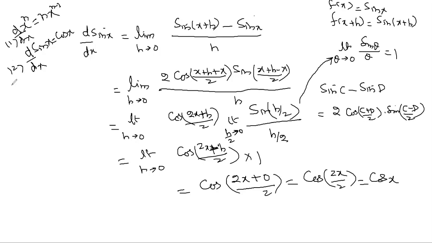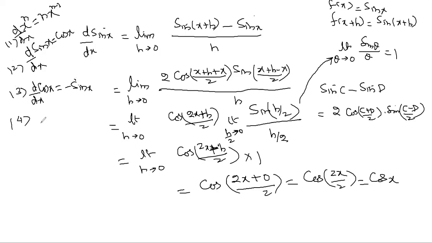Third, like this you have to remember d by dx of cos x. When the derivative is operated, its value will change: it is minus sin x. Cos x becomes minus sin x, and sin x becomes cos x.